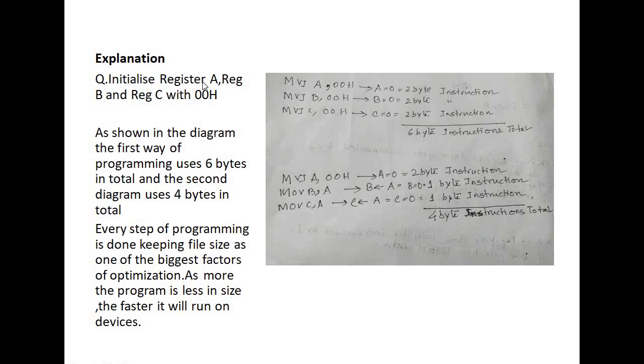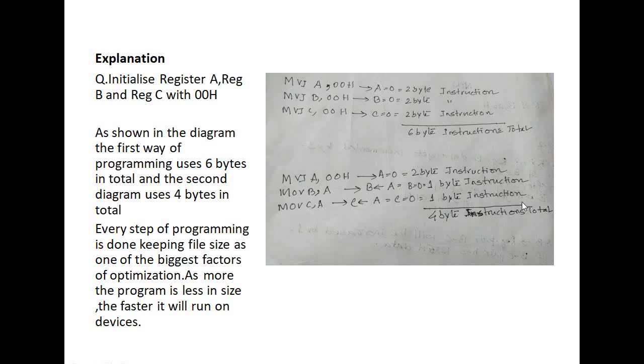I have used two ways. First, I have used immediate addressing mode, then I have used the same program with register addressing mode. I have done it in two ways.